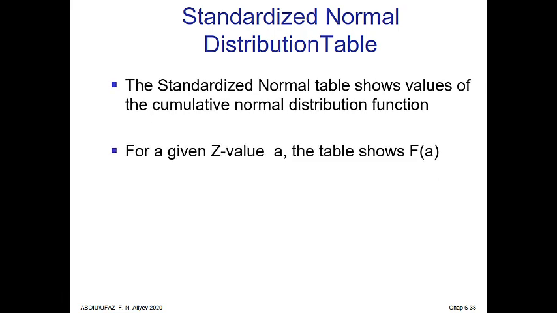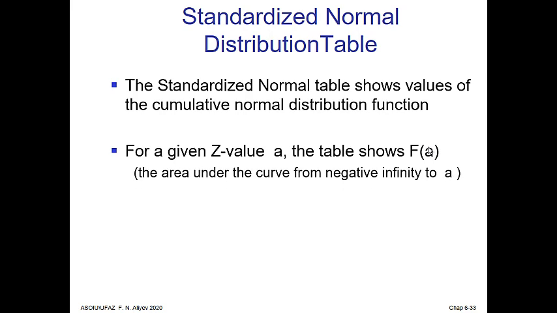In the standardized normal distribution, we can find all cumulative functions for z. For a given z value, this table shows F(a), that is, the cumulative value of a, the area under the curve from negative infinity to a.